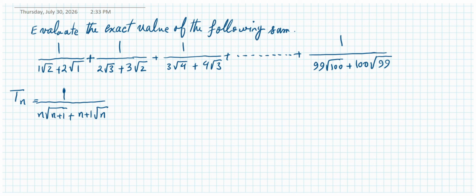Now, we try to work with this Tn and simplify it so we can come up with the summation. I can write this Tn as 1 over the square root of n squared times the square root of n plus 1, replacing n with the square root of n squared.